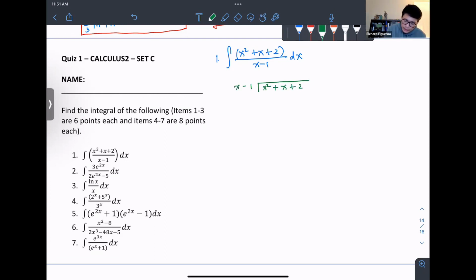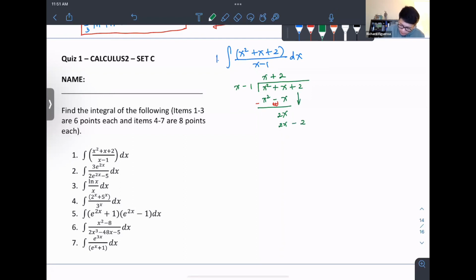x squared divided by x is x. x times x is x squared. x times negative 1 is negative x. And we change sign, so this is negative, this one becomes positive. So x plus x will have 2x. So 2x divided by x would be positive 2. 2 times x is 2x. 2 times negative 1 is negative 2.